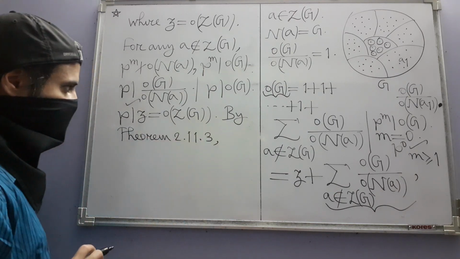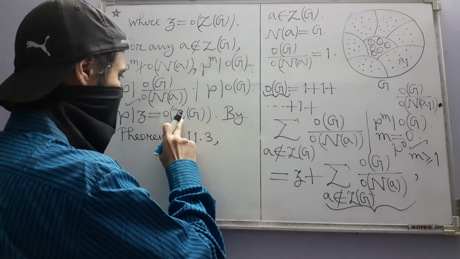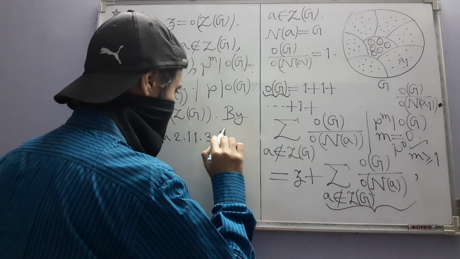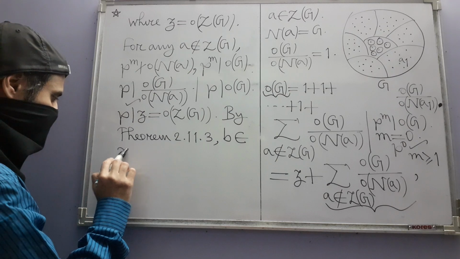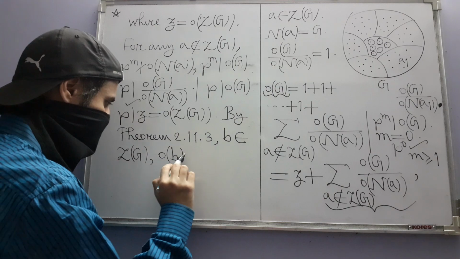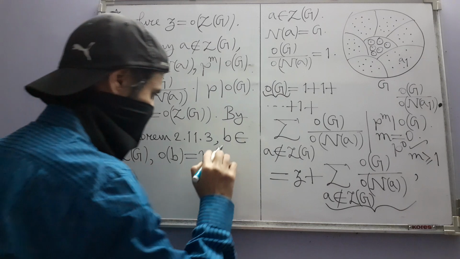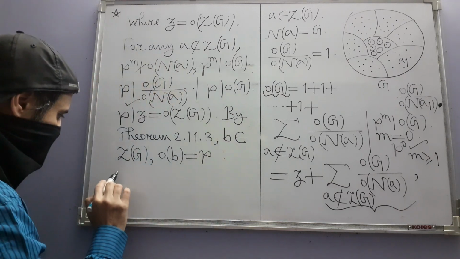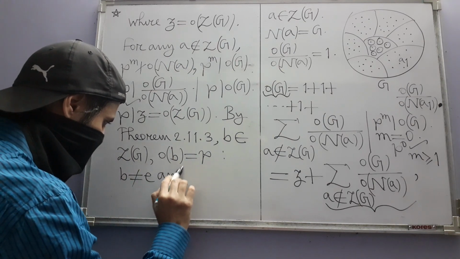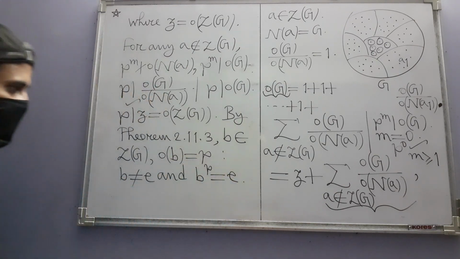What does Cauchy's theorem say? It says that any such group must have an element of order p. So there should be an element b in the center of G such that the order of b is p. And this is equivalent to these conditions, that b is not equal to e and the pth power of b must be equal to e.